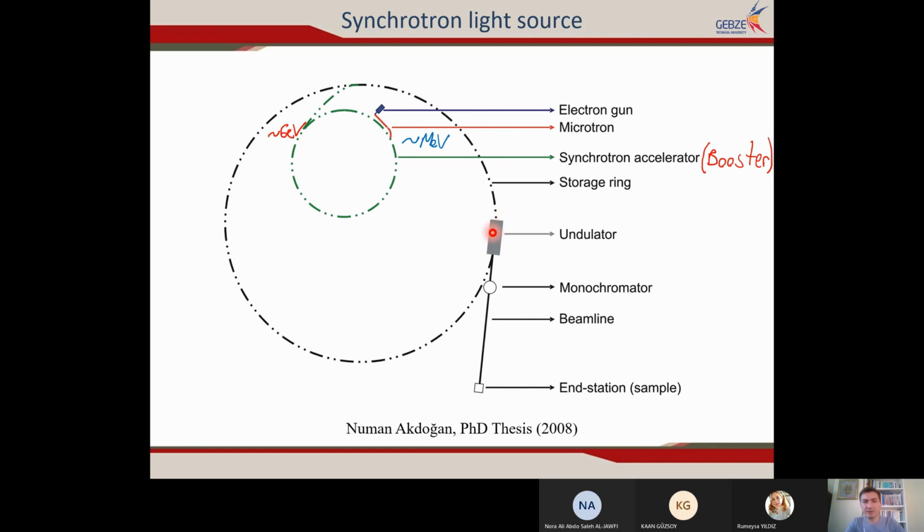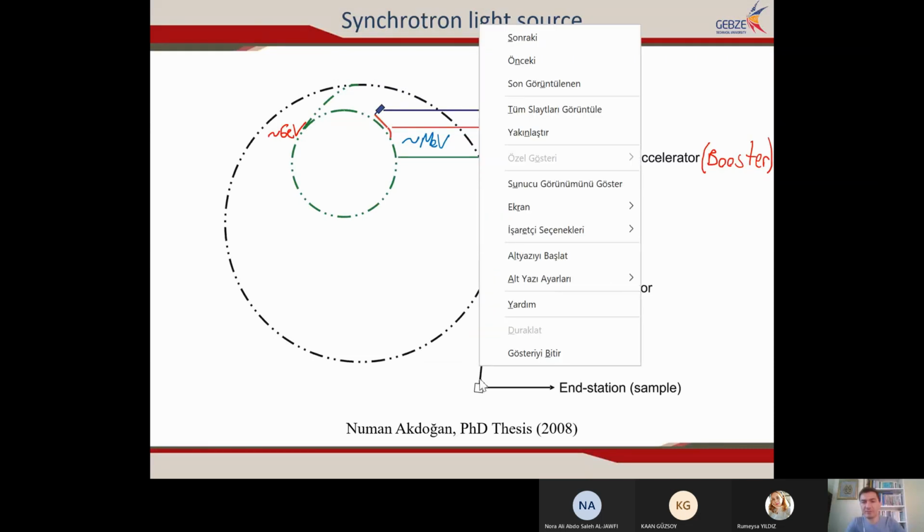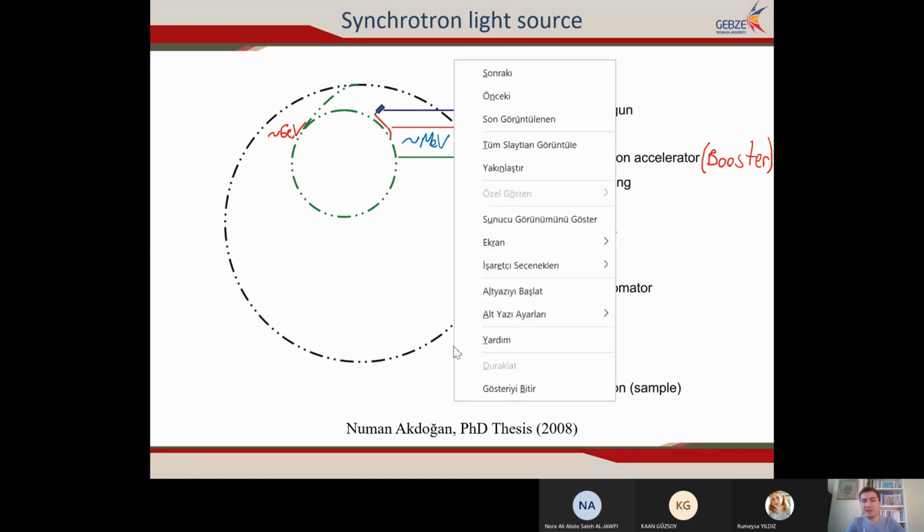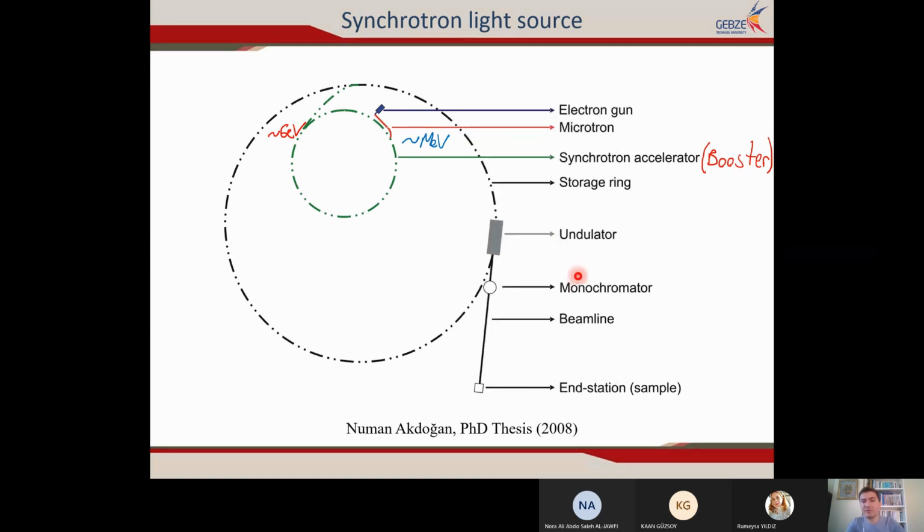And here within the undulator, X-rays are produced. Here we have the electron beam, and within the undulator, we produce X-rays. Now, starting from the undulator, we have X-rays. Instead of an undulator, bending magnets and also wigglers are also used. I will go into detail. And here we have X-rays.